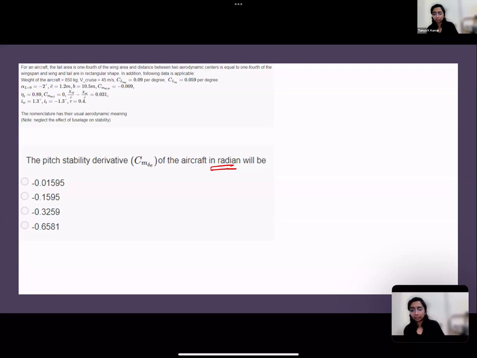There's a direct formula for Cm delta E. Were you able to find or recall the formula?